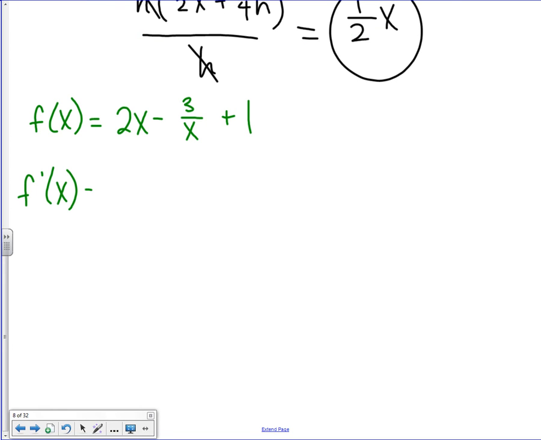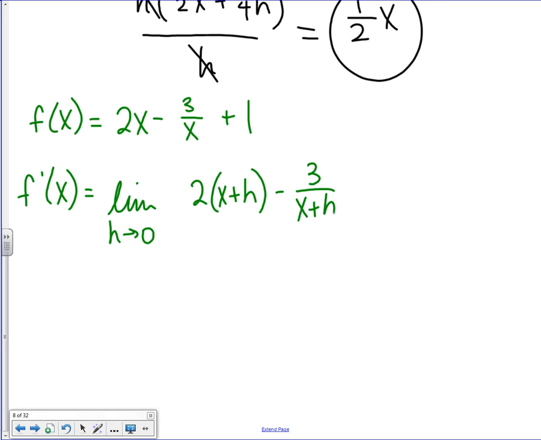So if I want to find the derivative, this will be the limit as h approaches 0 of f of x plus h. So everywhere you see an x, you're going to put in an x plus h minus the original f of x.